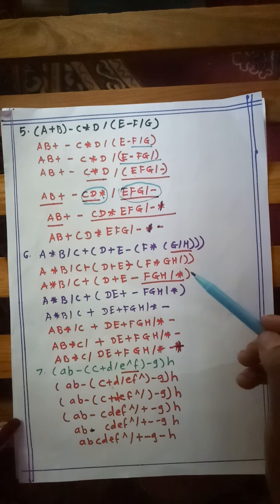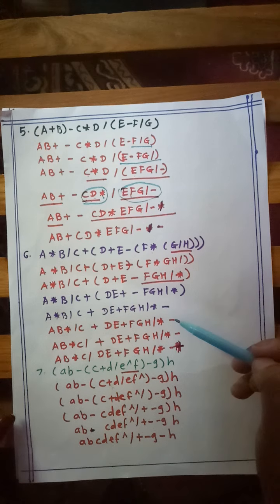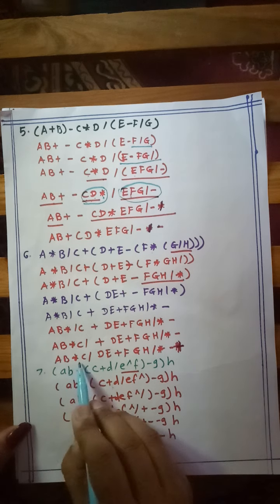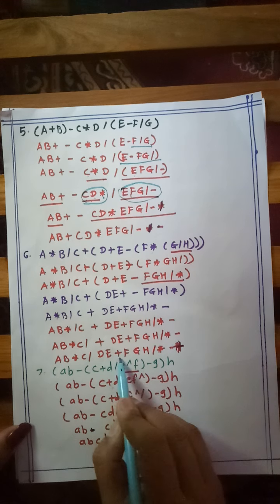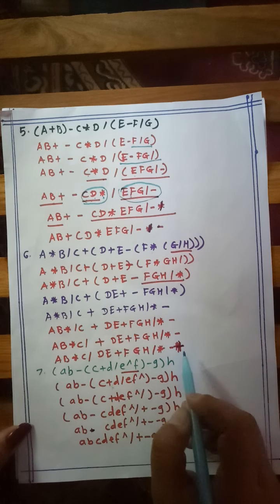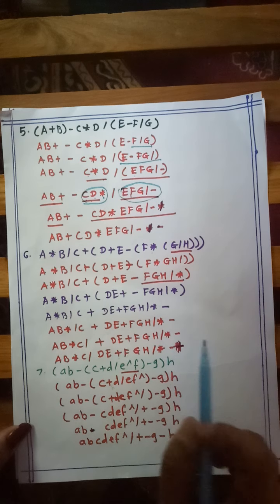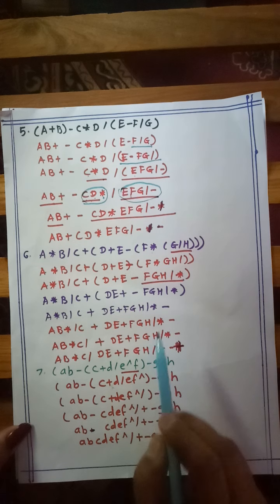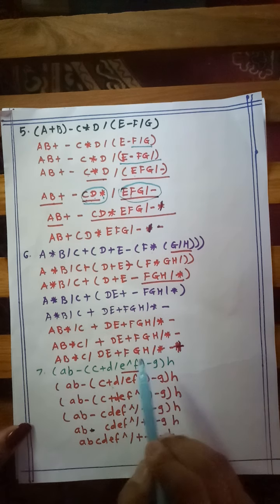Now as you have seen in the video, this is a simple example, and the output of that expression is A B star C slash D E plus F G H slash star minus plus. So this is the output of the sixth expression. So you solve it yourself. I will give you the step-by-step solution of this.